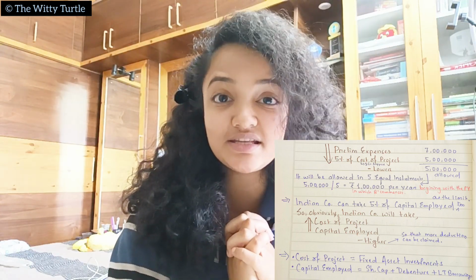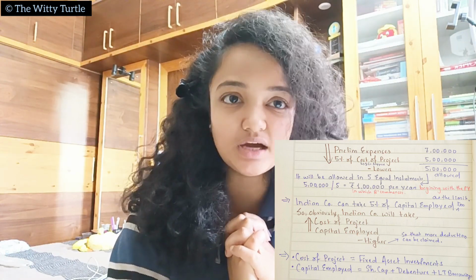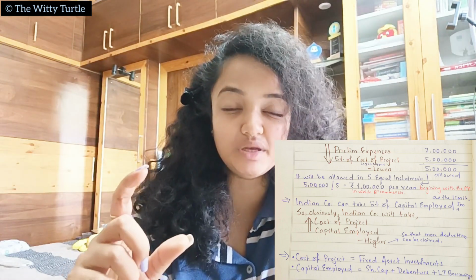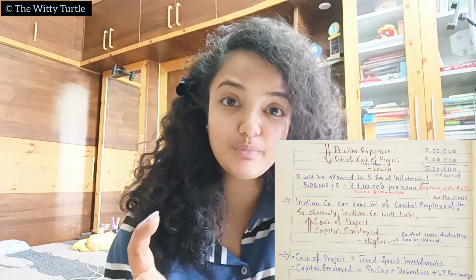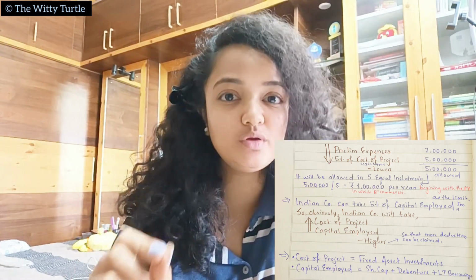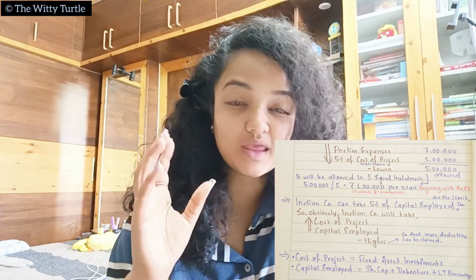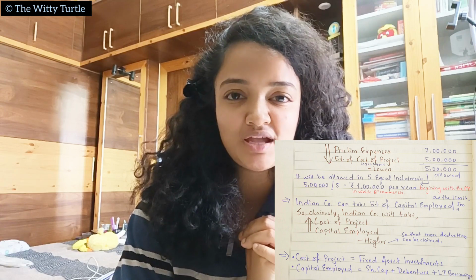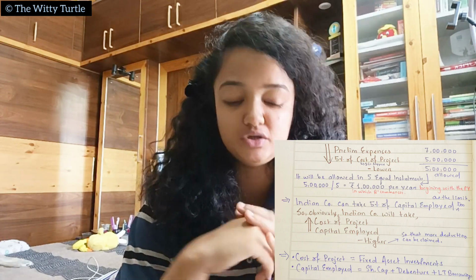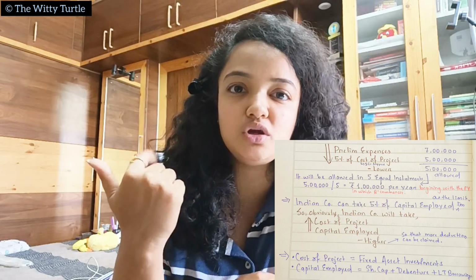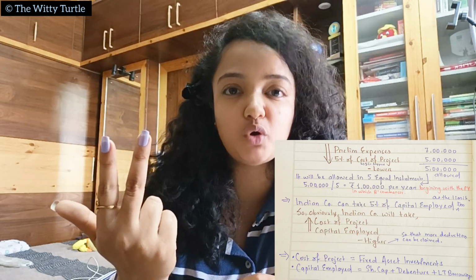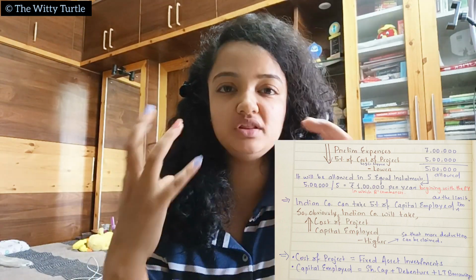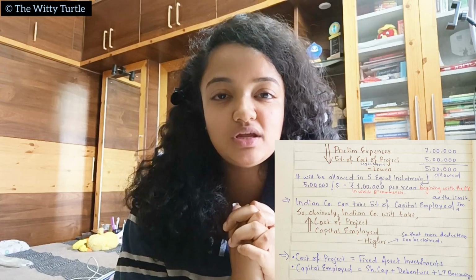If the SSE is an Indian company, then in that case, what happens? Instead, the limit for Indian company is instead of 5% of cost of project, it will become 5% of the capital employed. So here what do you mean by capital employed? Capital employed includes all your share capital, all your debentures, and all your long term borrowings. Okay, share capital, debentures, and all your long term borrowings. So all these things are coming under your capital employed.